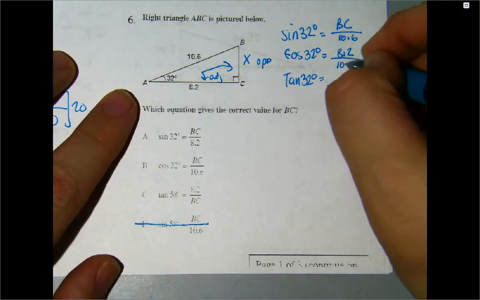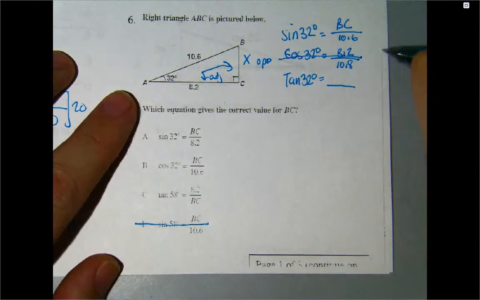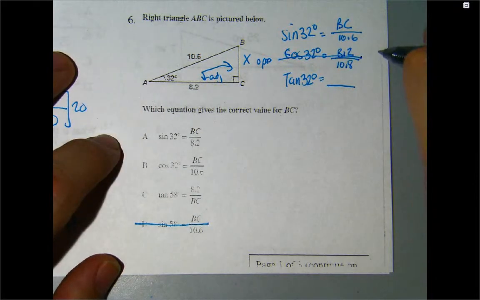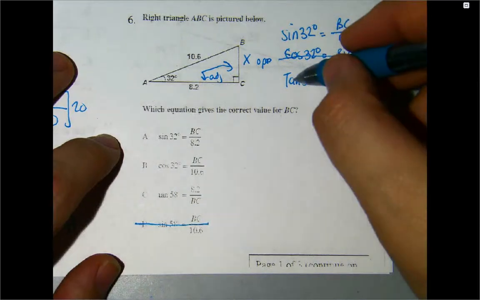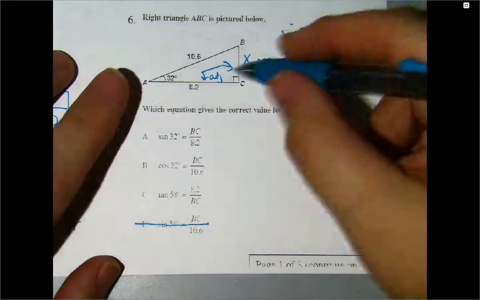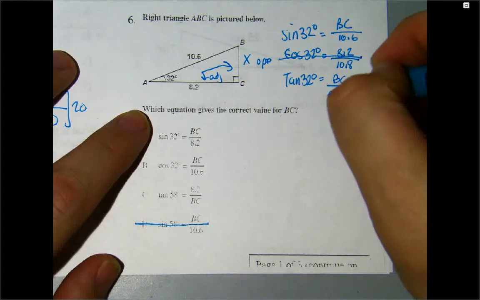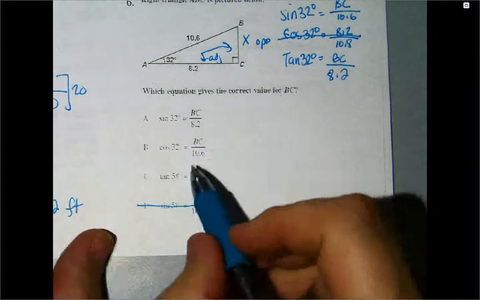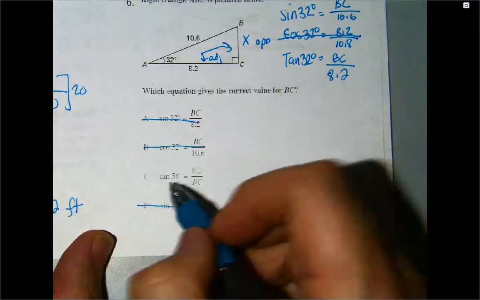No, so I'm not going to use that one. So it looks like I'm going to use the tangent. And the tangent of 32 says I'm going to use BC over 8.2. Now, the sine one didn't work. The cosine one didn't work. Well, we just eliminated all of them, so you can just circle C.